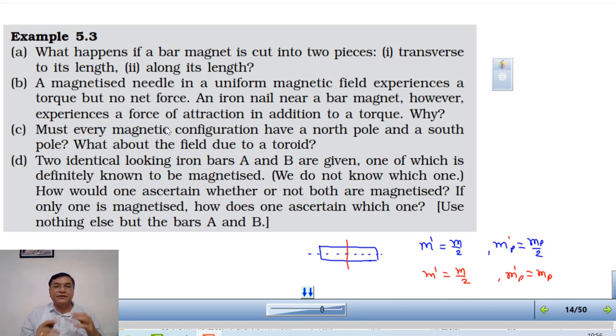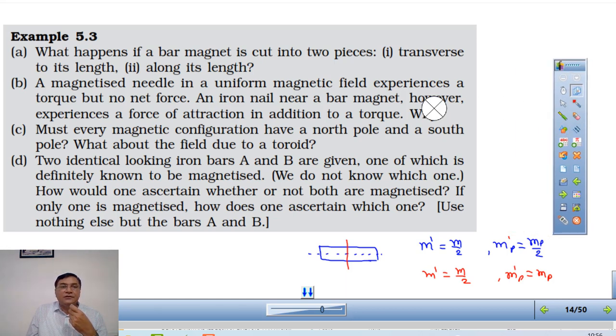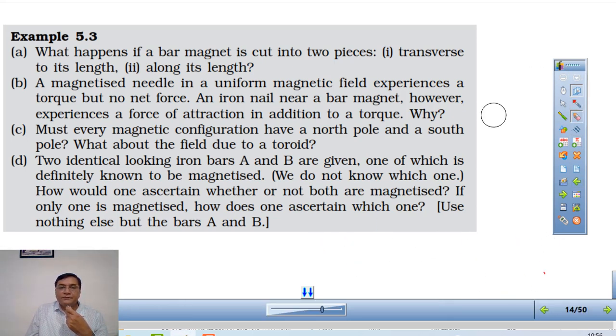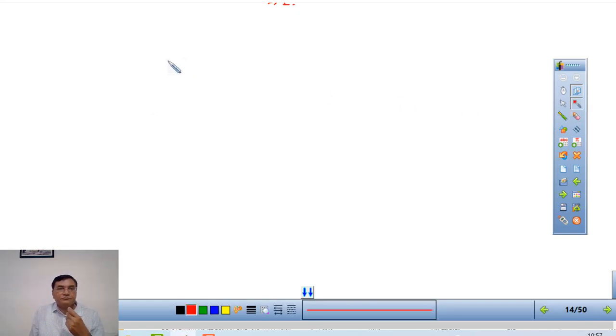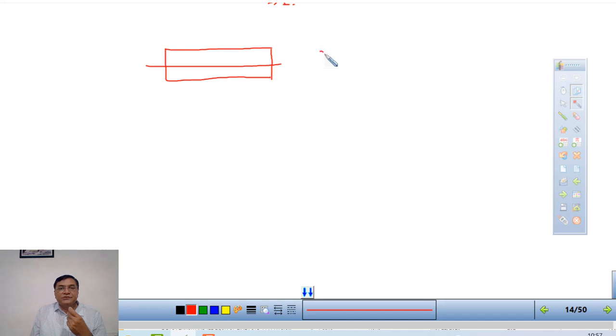What happens if a bar magnet is cut into two pieces, transverse to its length and along the length? This part we have actually discussed during the theory. Suppose this is the magnet, and we cut this magnet lengthwise like this. In this case the magnetic moment will be half of the initial, that we already discussed, so I am not going into details.